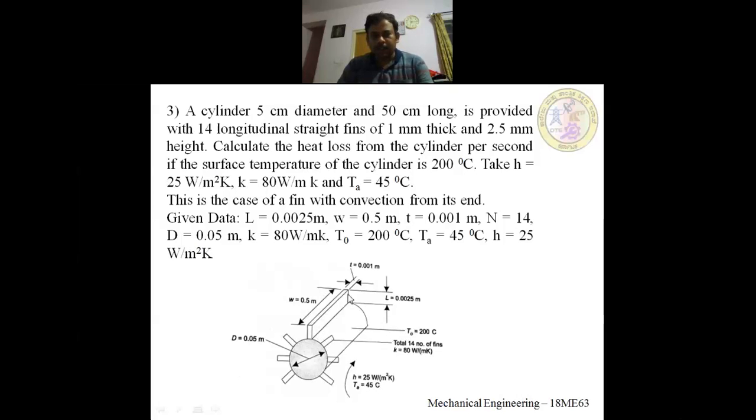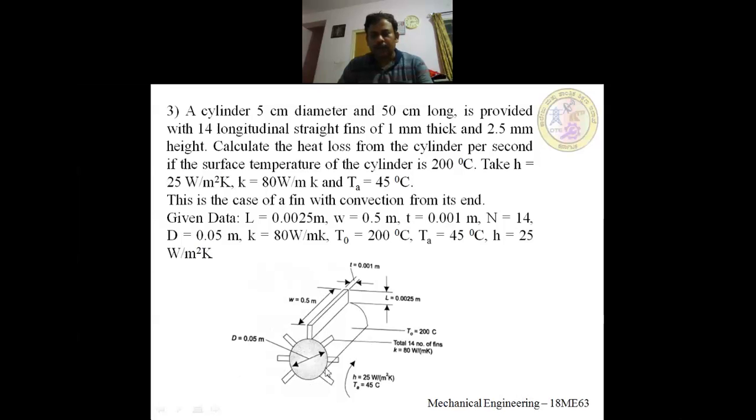Right, this is the cross section area. Width into thickness is the cross section area. This cross section area has been attached to the cylinder. W into T represents the cross section area of the fin, and in the problem they have told there are 14 fins like this.